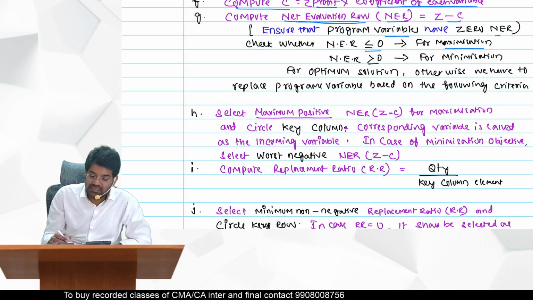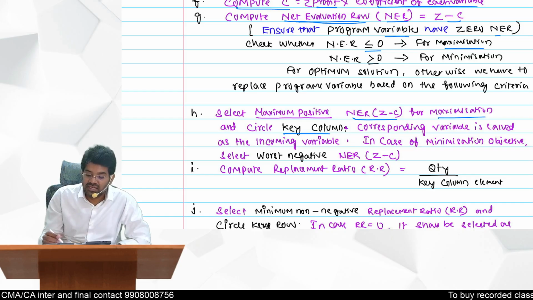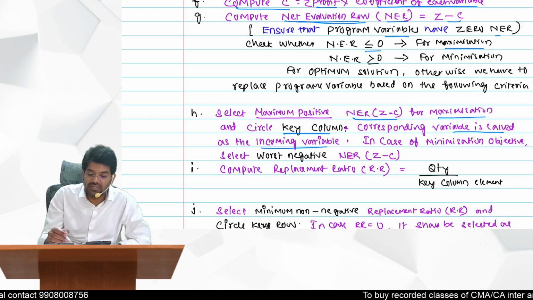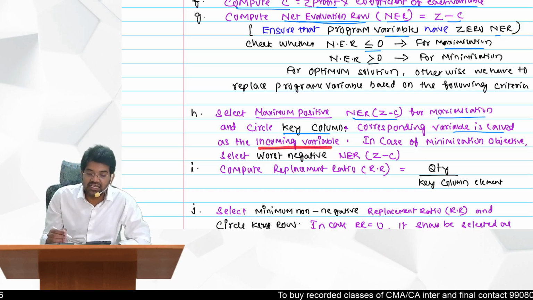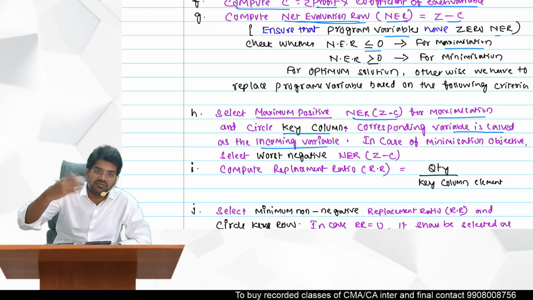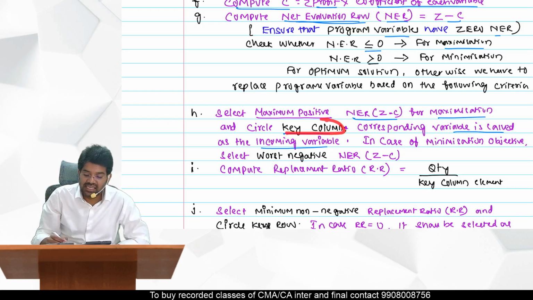Select the maximum positive NER value for maximization and circle it as the key column. The corresponding variable is called the incoming variable. So in our solution, x1 has the highest value, 6. So we take it as the incoming variable, which we are going to introduce now in our program variables, and that we call the key column.